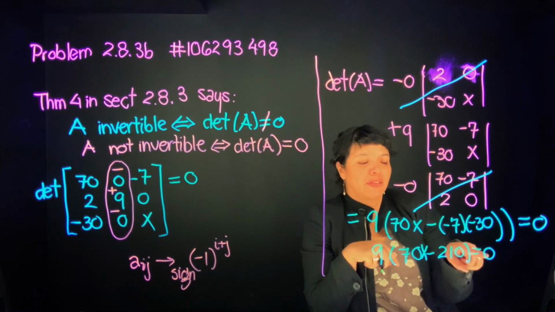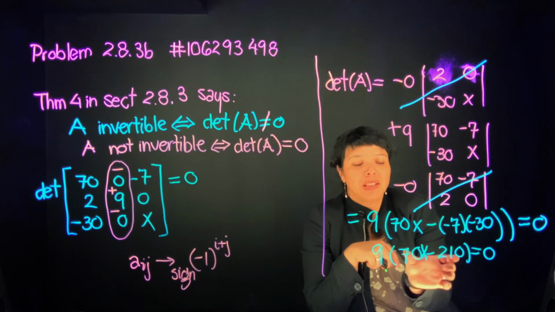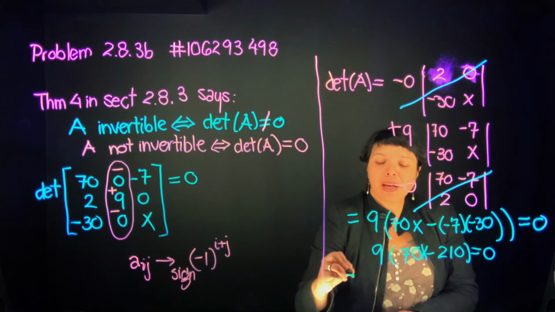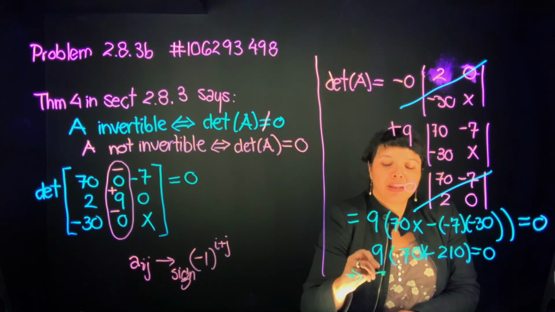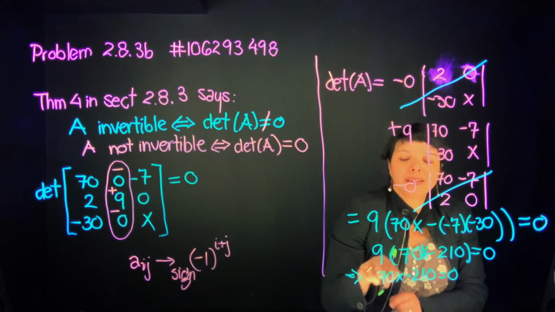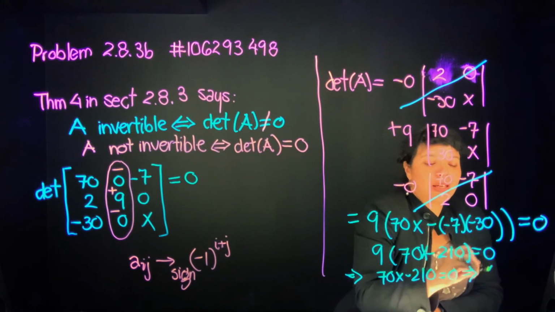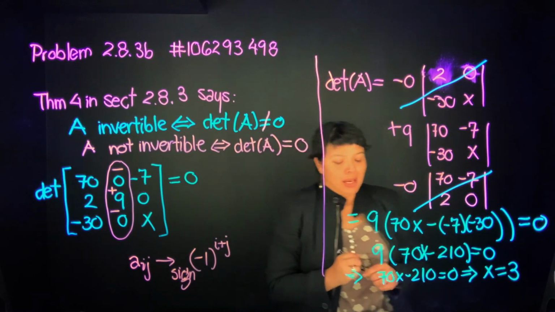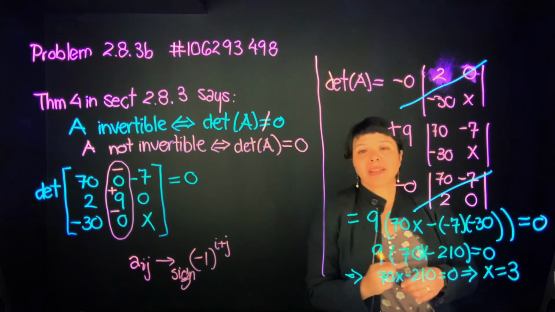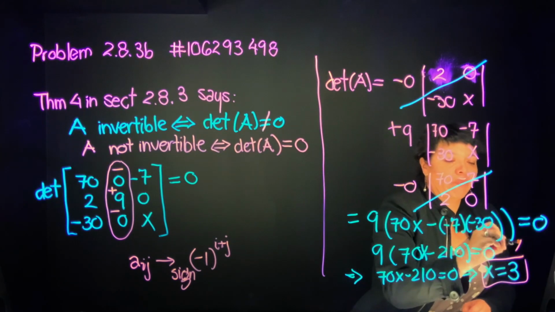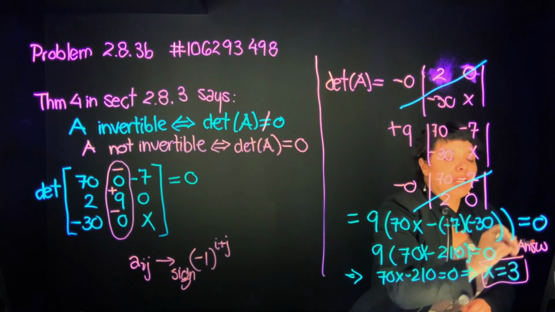When you have a product of things set equal to 0, that means that this part that I have right here has to be equal to 0. So this implies that 70x minus 210 equals 0, and then I just solve for x, and x gives me 3. If you look at the answers, that tells you that the answer is option A.